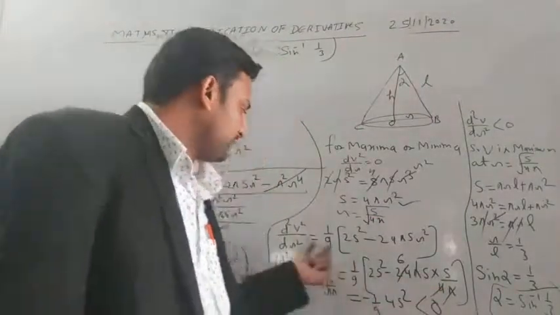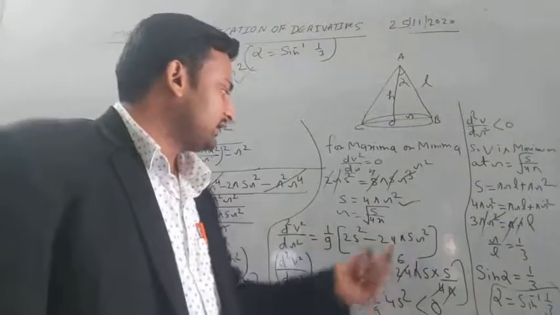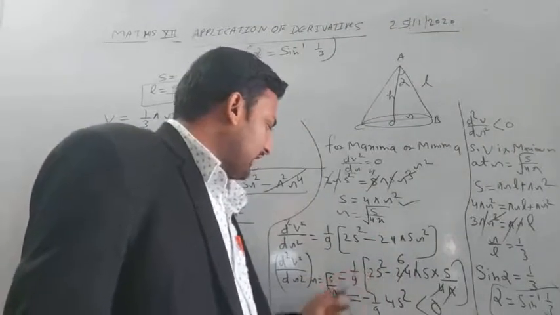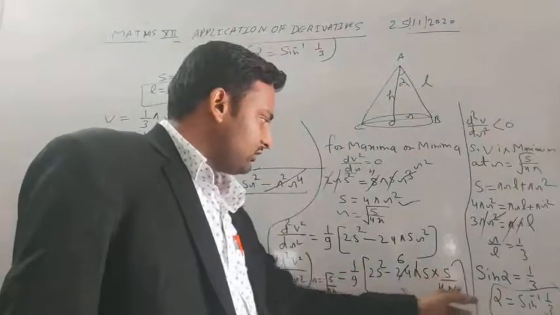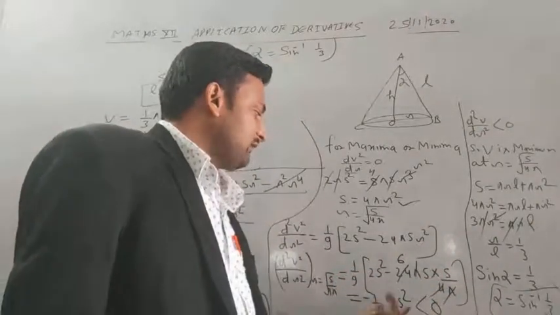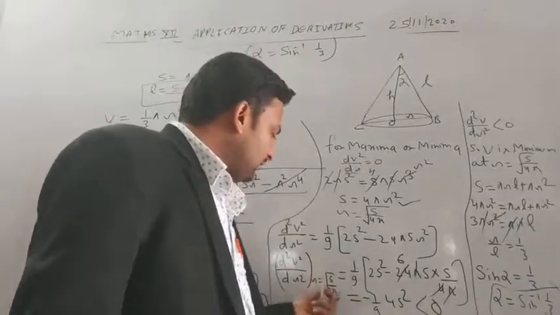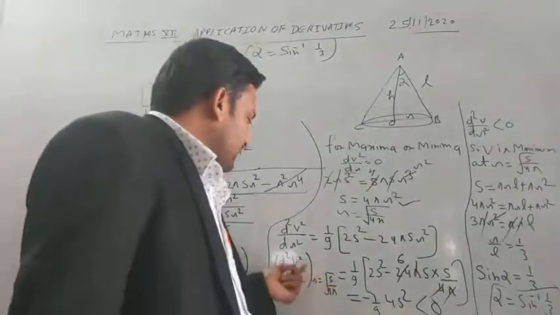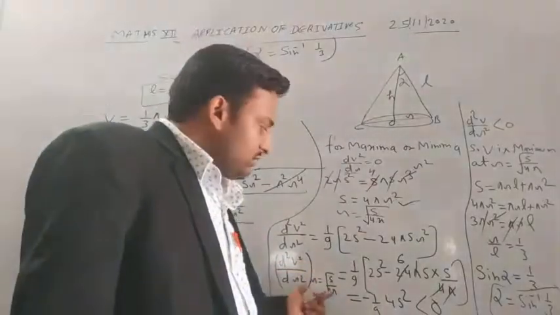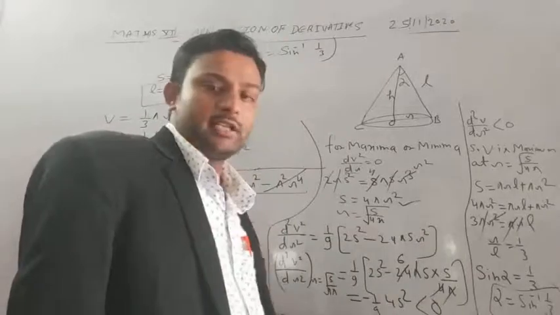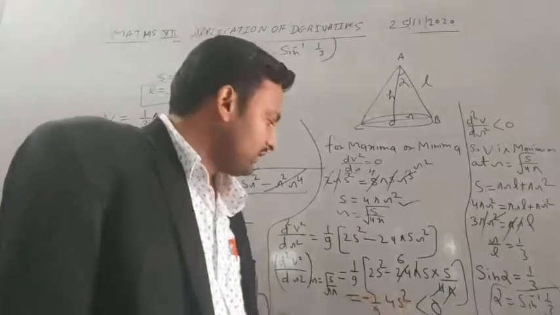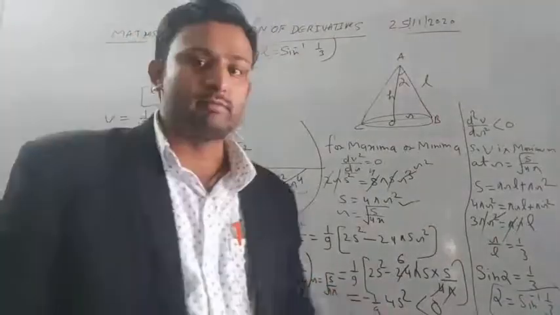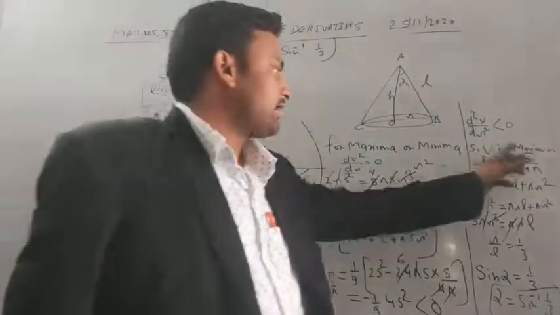Again differentiating this, we are getting this, and at the point r equal to under root S by 4 pi we are putting this value in place of r, and we see that we get a negative term. So the second derivative is negative at that point. So we observe that V square is maximum, that is, V is maximum at that point.